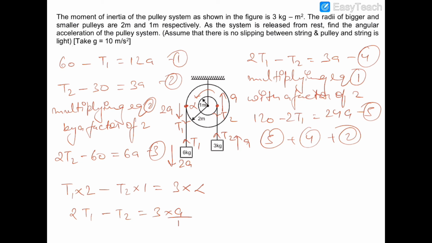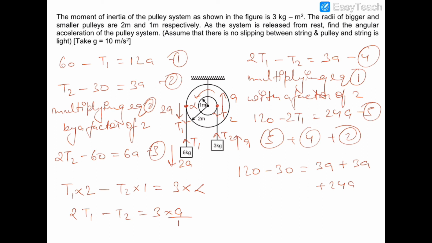So this would be 120 and minus 30 will be equal to 3A plus 3A plus 24A.